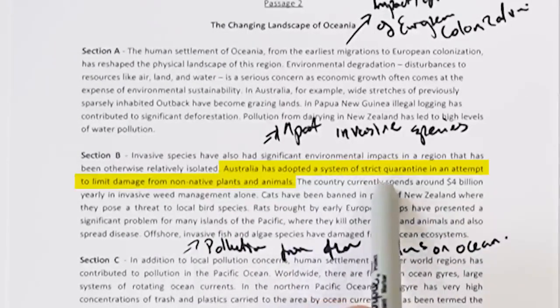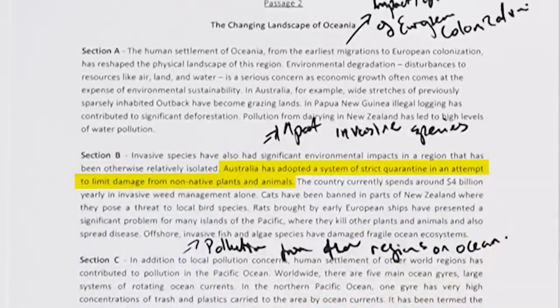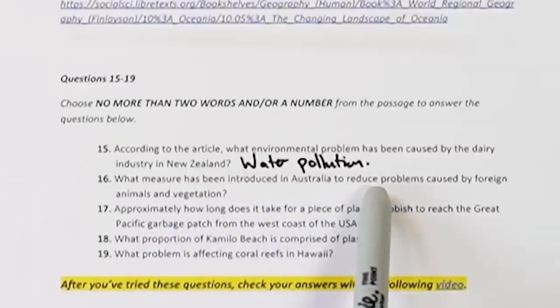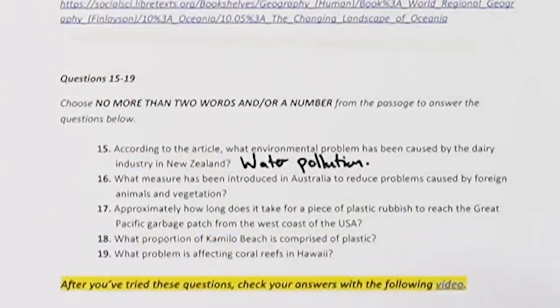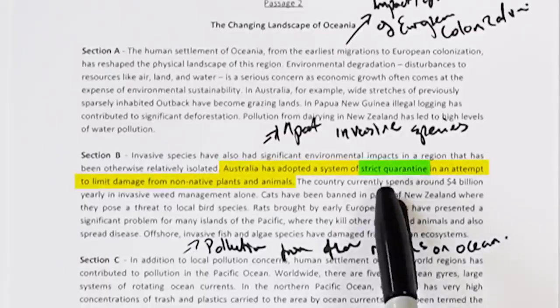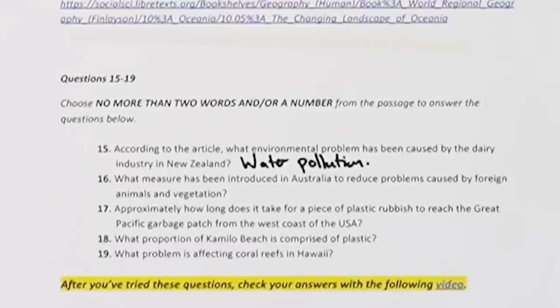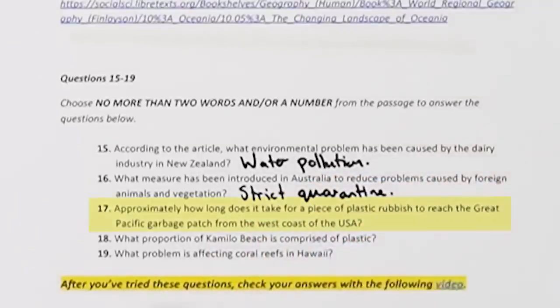Australia has adopted a system of strict quarantine in an attempt to limit damage from non-native plants and animals. What measures have been introduced to reduce problems caused by foreign animals and vegetation? Vegetation, plants. So again, you need to have a wide-ranging vocabulary. But strict quarantine, so we're going to put strict quarantine.